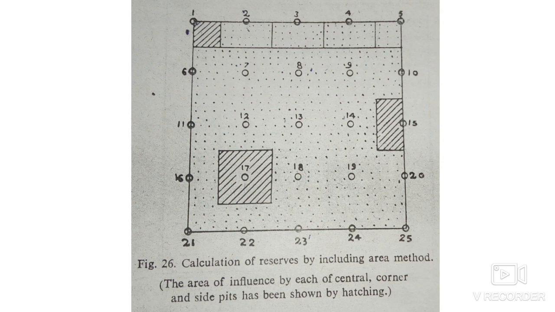If we talk about the included area method, this method is used when the boreholes or the pits are sunk in a grid pattern. As you can see in the diagram, the calculation of reserve by the included area method and the area of influence of each of the central, corner as well as the side pits have been shown by the hatched lines.